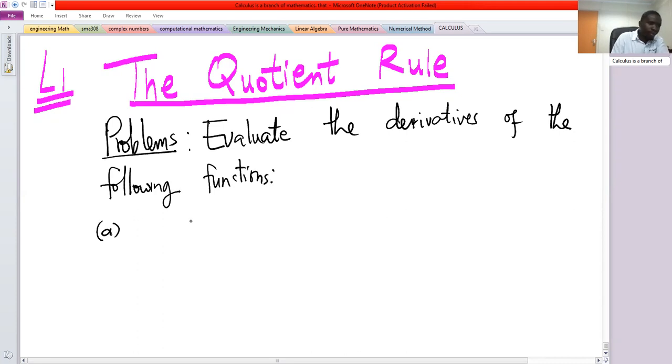So the first problem is y is equals to t squared minus 1 divided by t cubed plus 1.